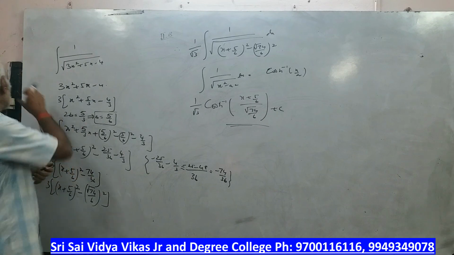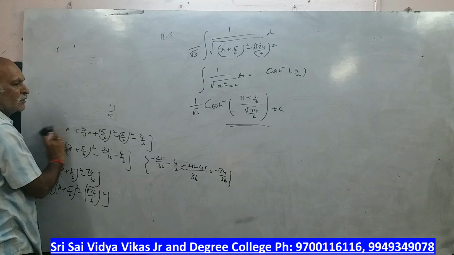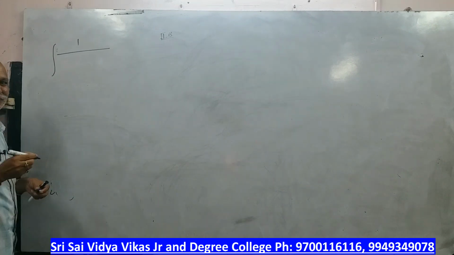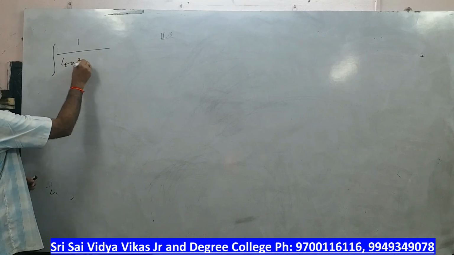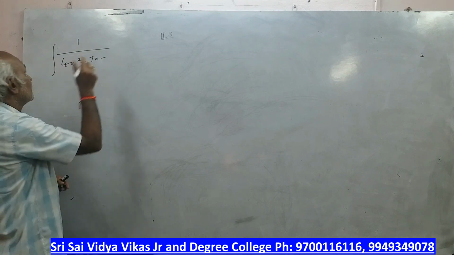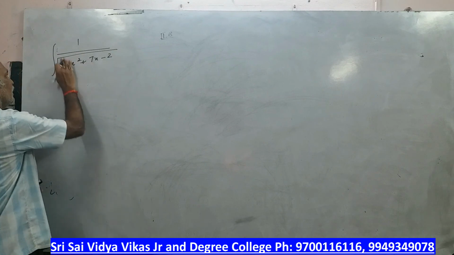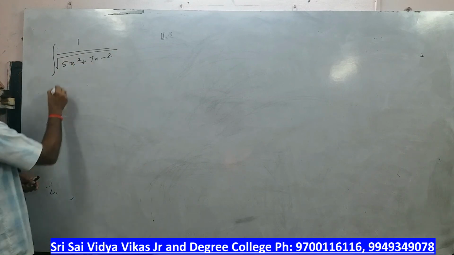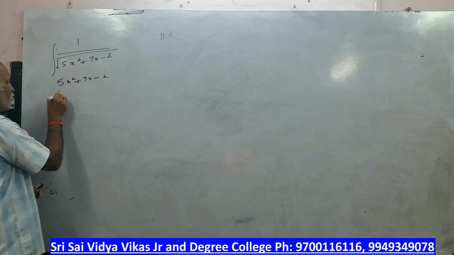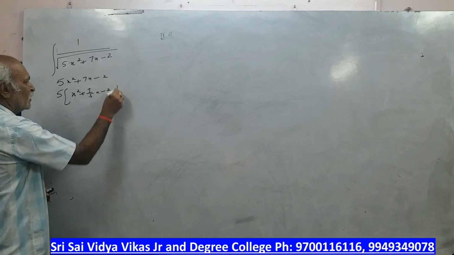Okay, let us see one more problem. Under root, I will take any numbers, we can take 5. So again 5x² + 7x − 2. 5 common: (7/5)x − 2/5.